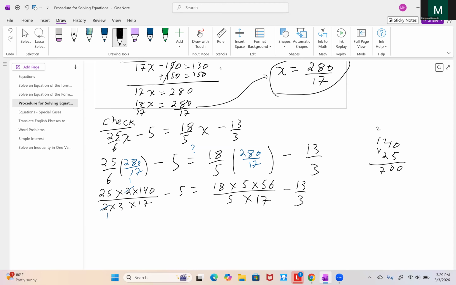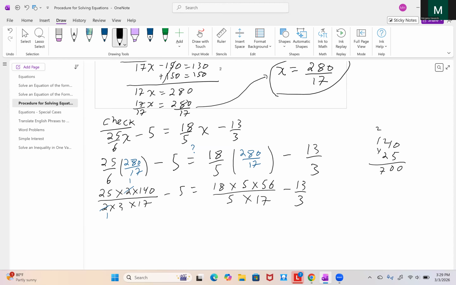And then 30 times 18 over 5 is equal to 108x. And then 30 times 13 over 3 is 130, with minus 130. So up to here, it was correct. Then where did we make the mistake? We made the mistake here.